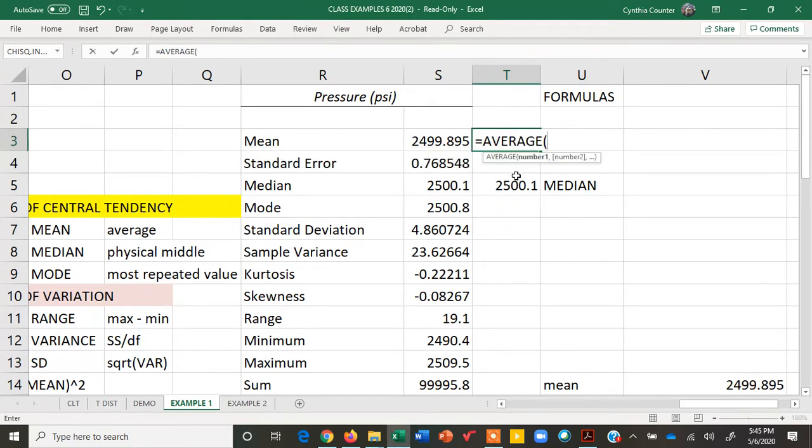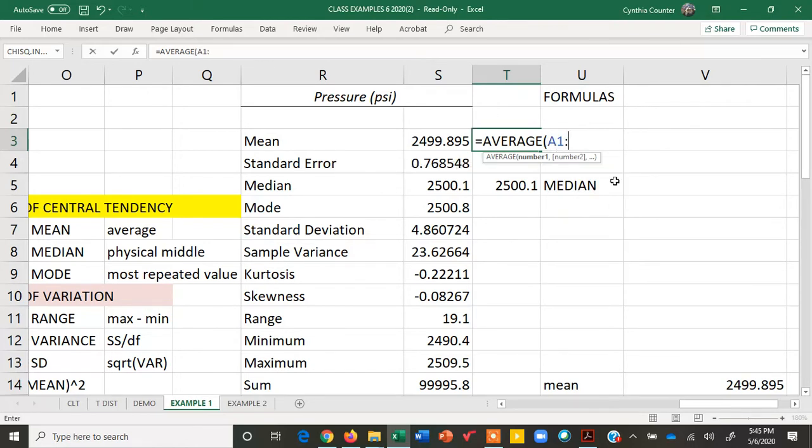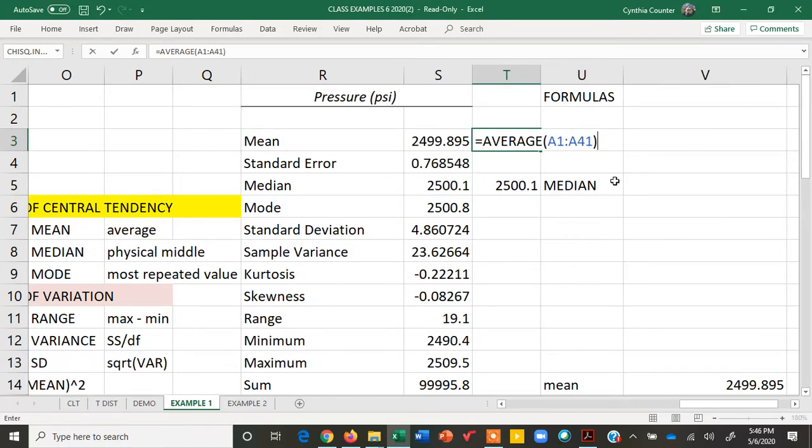So you want to know the mean is the average. A1 colon A41, close parentheses, and there it is again, 2499.895. The formula is average.